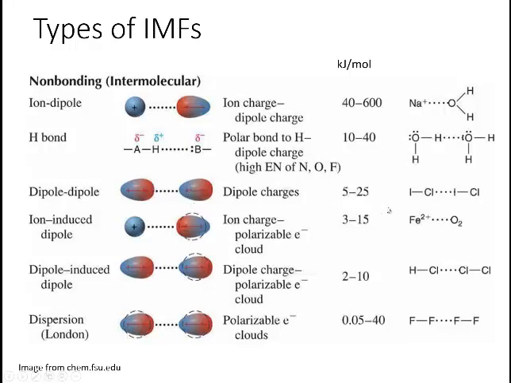You can see by the kilojoules per mole, a measure of strength, that these tend to be stronger than London dispersion forces, although we can get strong London dispersion forces, especially for really big molecules, which is one of the things you will look at in the pre-lab, I believe.